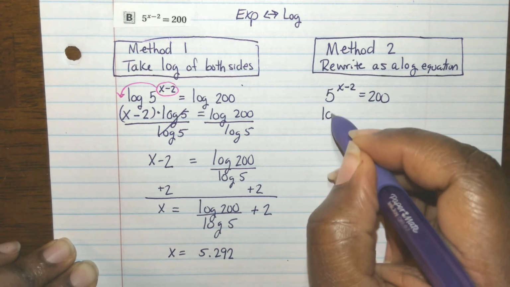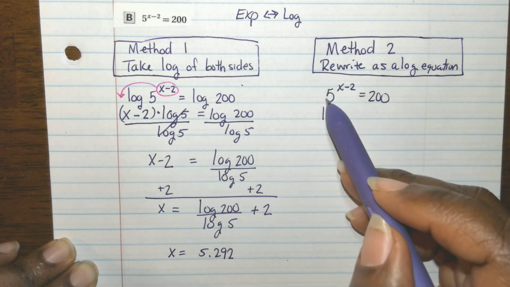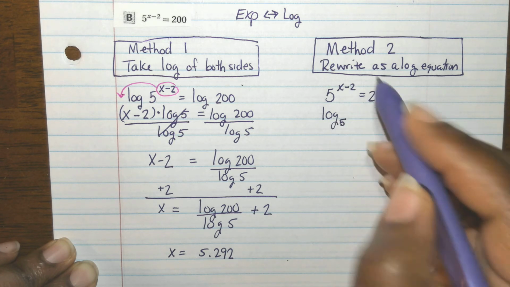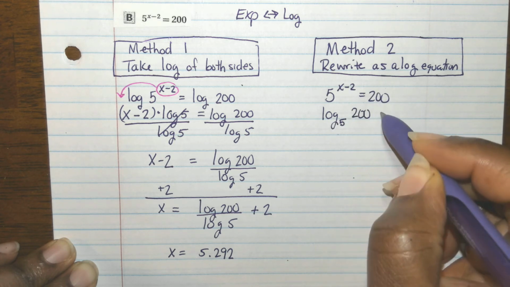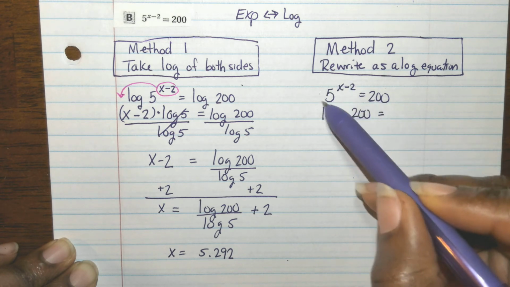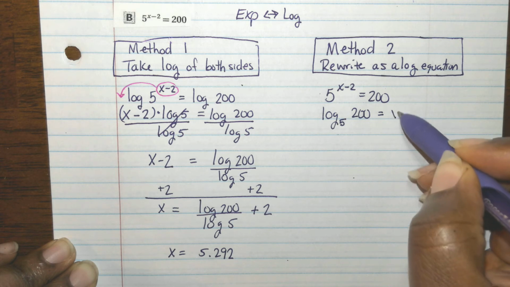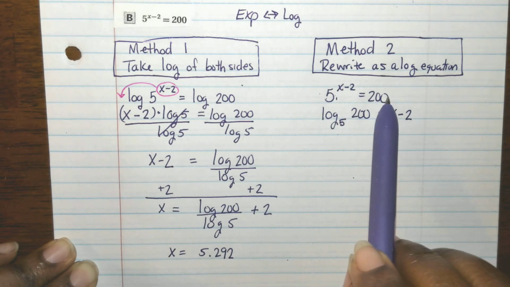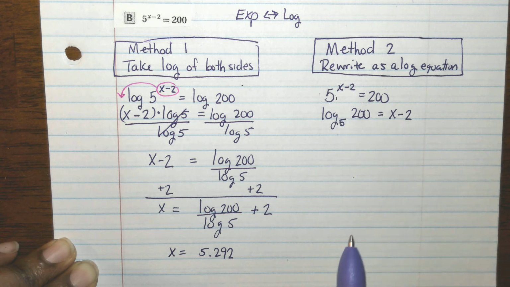So I'm going to have log, and my base is base 5 of 200 is equal to, and remember, a log is just an exponent. So the exponent in this entire equation is the expression x minus 2. So we have rewritten this equation as a log equation.